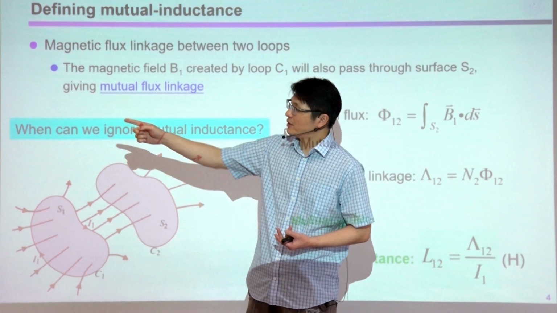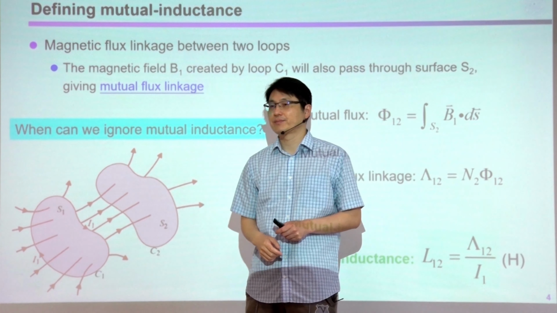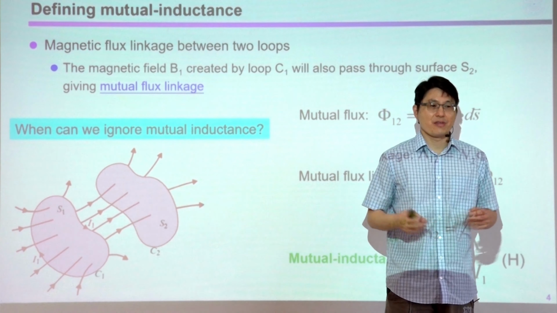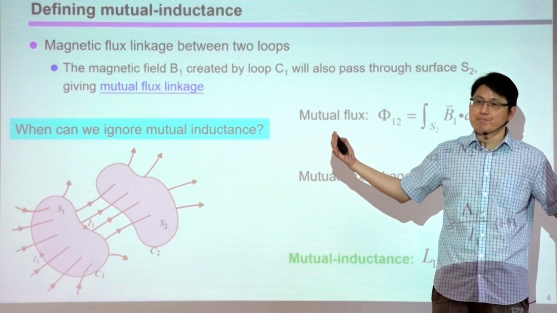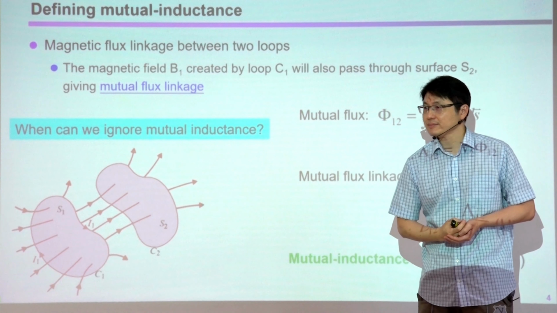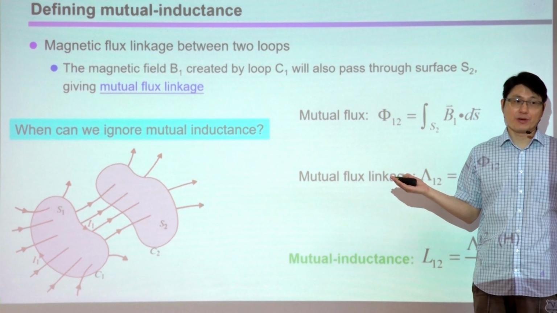So can you tell me, on the blackboard, C3, C1, and C2, are there loops which might not have mutual inductance? Meaning they don't share their field lines.